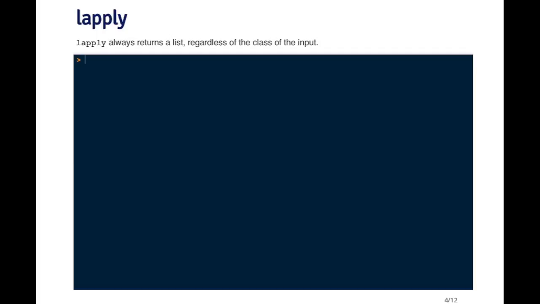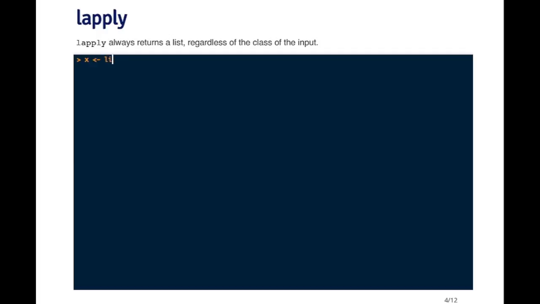For example, it may take a vector as an input, but then return a scalar as a result. So the function is going to return something for every single object in that list, and the return values are going to be assembled in a new list, and that's what lapply is going to return. It's key to remember that lapply always returns a list. What goes in may or may not be a list, but it will be coerced to a list, and what comes out will always be a list.